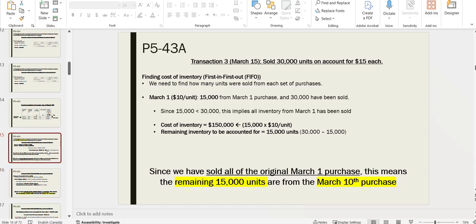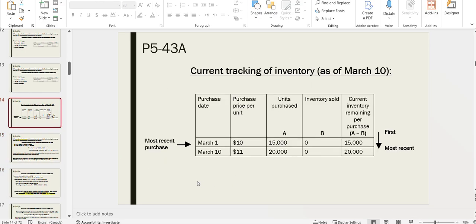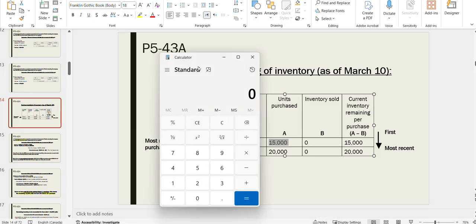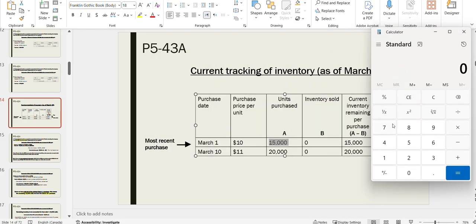by, I can write it here for your better understanding. So 10 multiplied by 15,000 makes it 150,000 for inventory, and another 15,000 come from our second purchase.